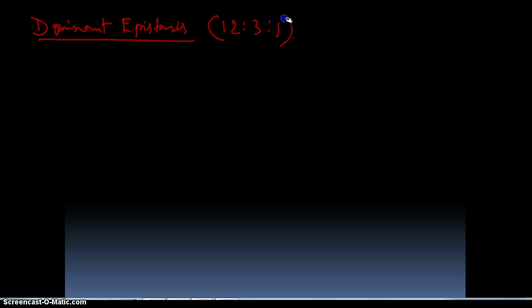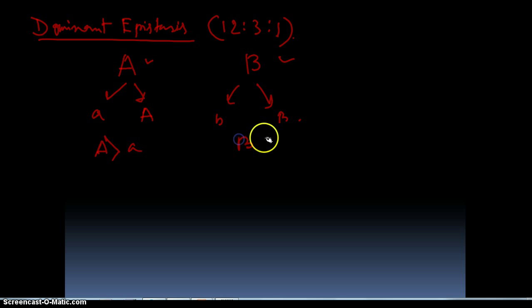We can see this kind of epistatic interaction when two genes are involved, one is A and one is B, with alleles capital A and small a, and capital B and small b. Definitely capital A is dominant over small a and capital B is dominant over small b.